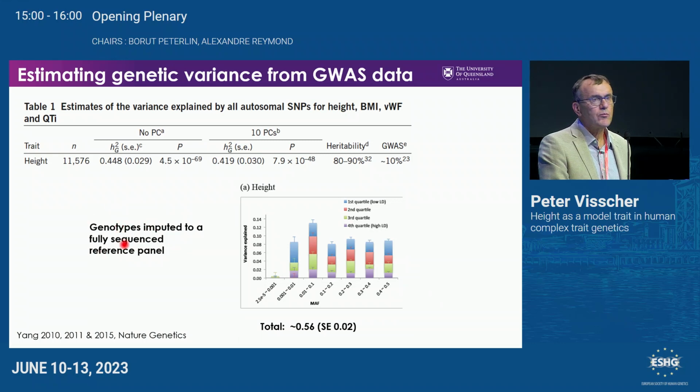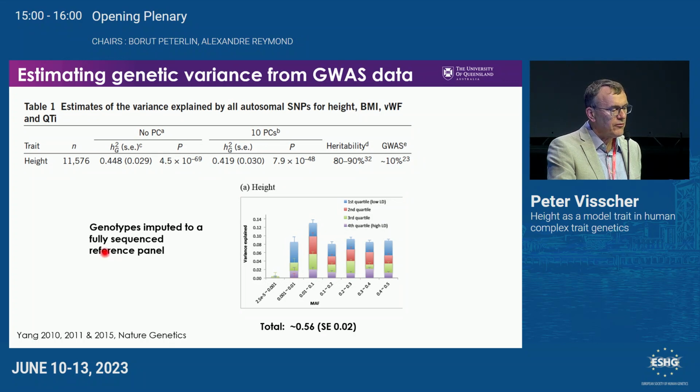Subsequently, we looked at whether we can recover additional information by using imputation to a fully sequenced reference panel. And indeed, the estimate goes up from 45% to just over 55% or so. And of course, the next obvious question is, because we know that these technologies still don't capture all of the genetic variation in the human genome, what happens if we look at whole genome sequence data?